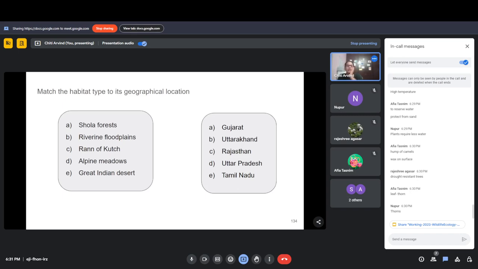So a quick question, what do you think would be the ways of pollination of plants in this region, if you had to take a guess?